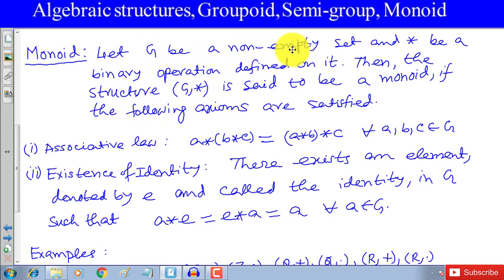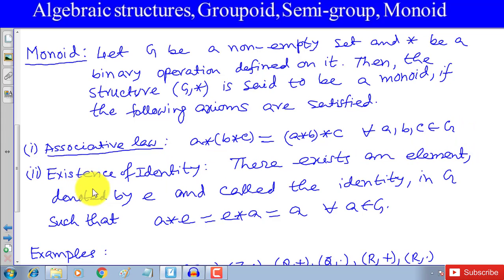Monoid. Let G be a non-empty set and star be a binary operation defined on it. Then the structure (G, star) is said to be a monoid if the following axioms are satisfied. Number 1. Associative law: (A star B) star C is equal to A star (B star C) for all A, B, C belongs to G. Number 2.